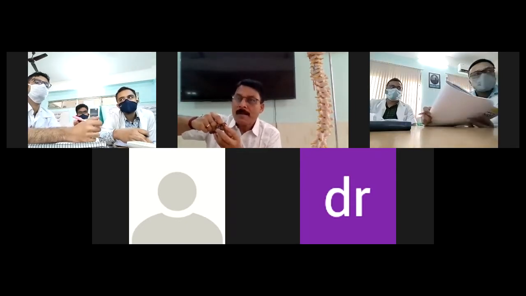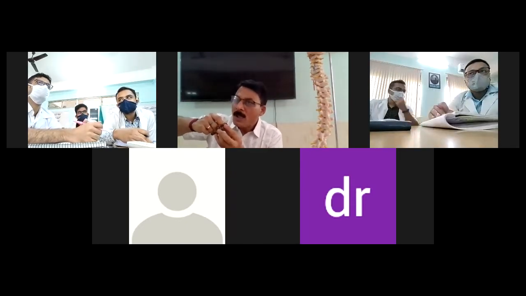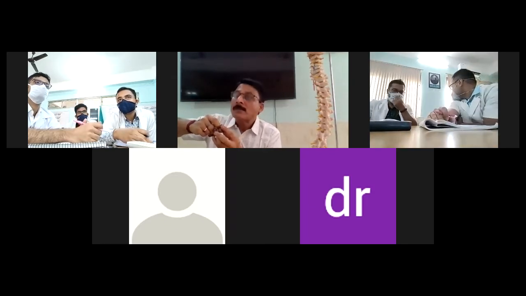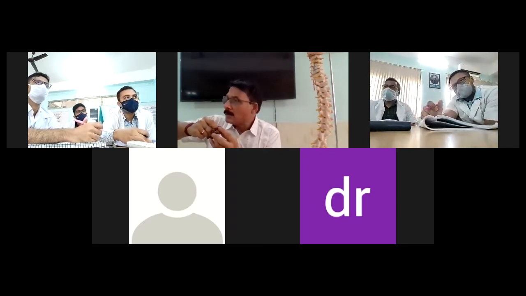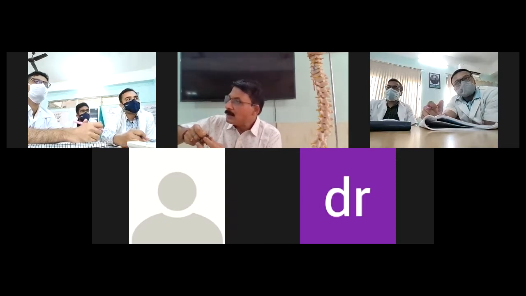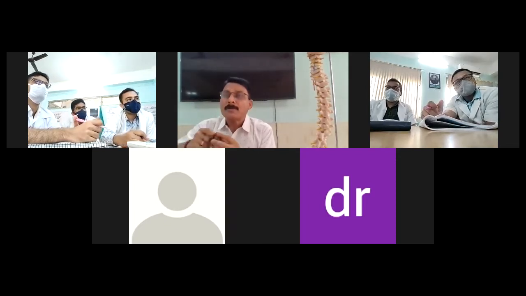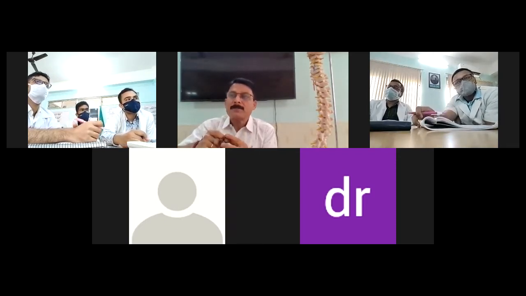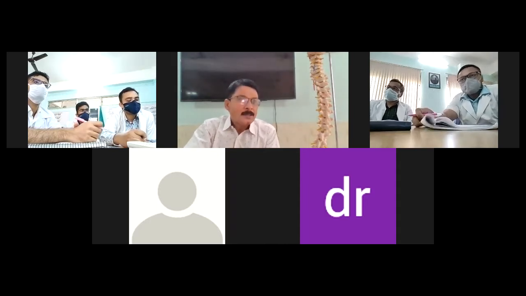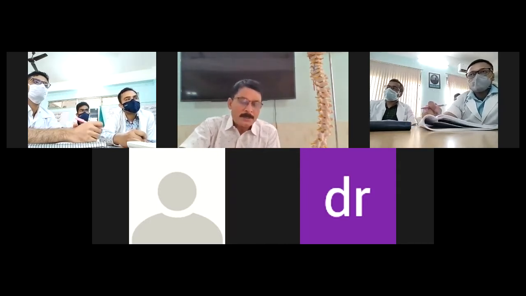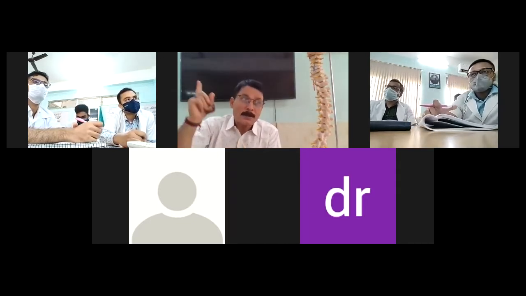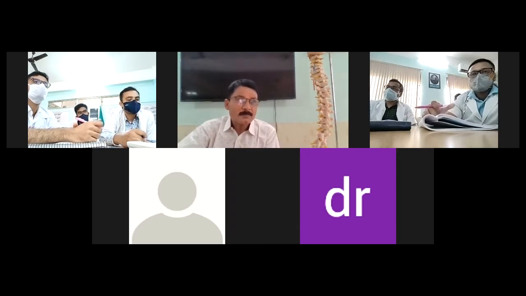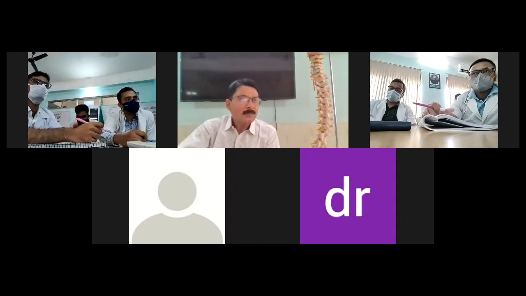Anterior longitudinal ligament, yes. So the anterior longitudinal ligament here is going to fail. If it is going like this, what structures are going to fail? Supraspinous ligament, interspinous ligament, ligamentum flavum, all going here, opening up more here.